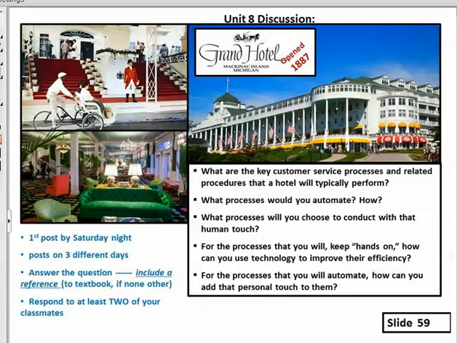This is the Grand Hotel on Mackinac Island, a very elegant place. But that's just the pictures I chose to put up. The questions are how hotels relate to customer service and technology and how they should adjust to that.